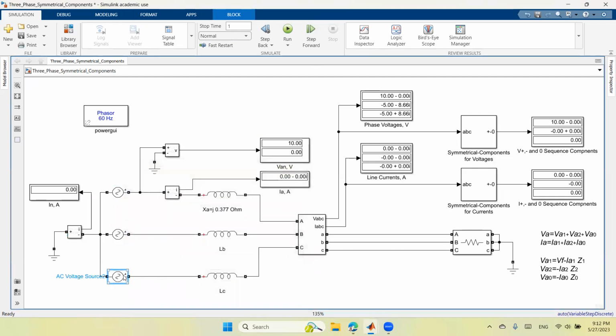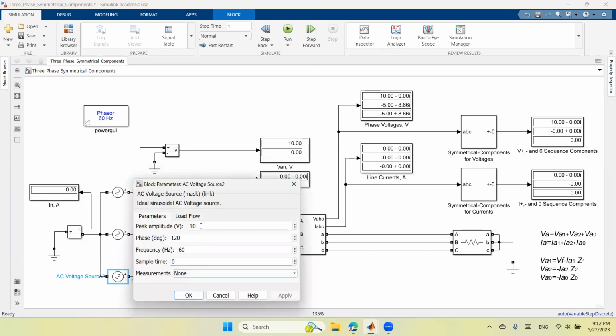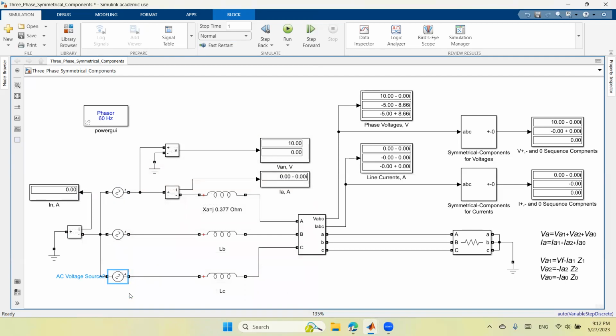Phase C will be the same, 10 in magnitude, 60 hertz frequency, but here the phase is positive 120 degrees. So this will make a balanced three-phase system with equal magnitude, and the three phases are displaced by 120 degrees from each other.